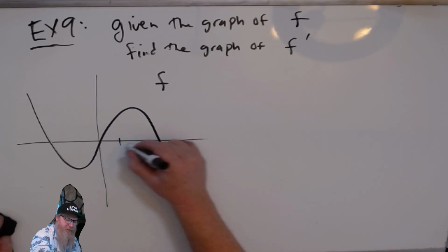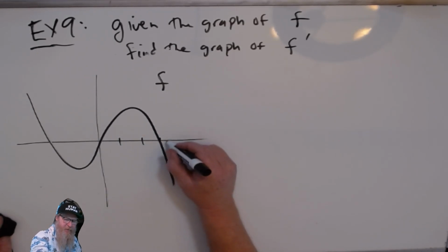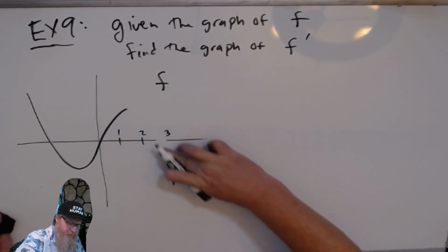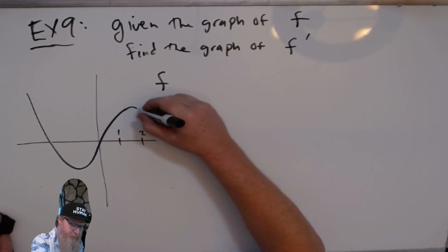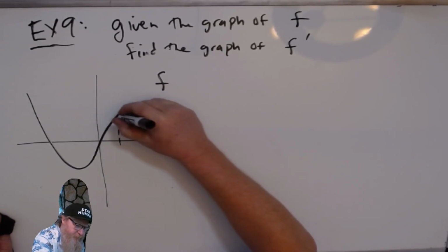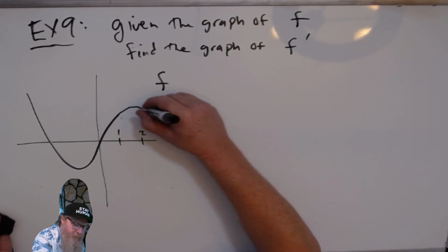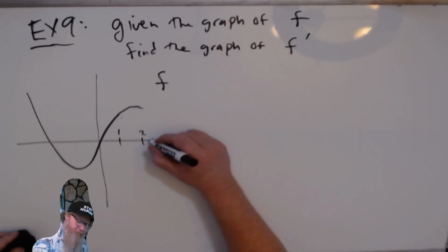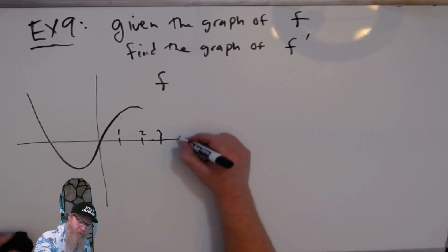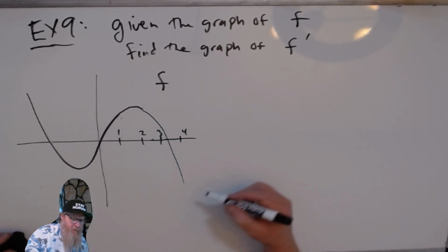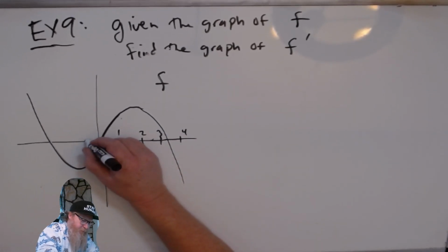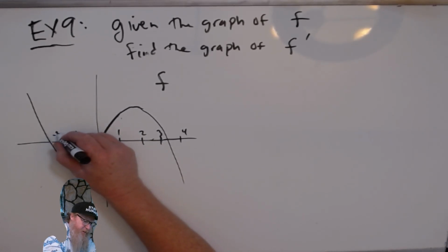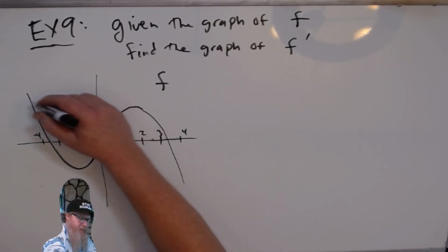Again, the X values kind of matter. So we'll call that 1, 2, 3, and then 4. And then -1, -2, and then -3, and so on and so forth, -4, like that.